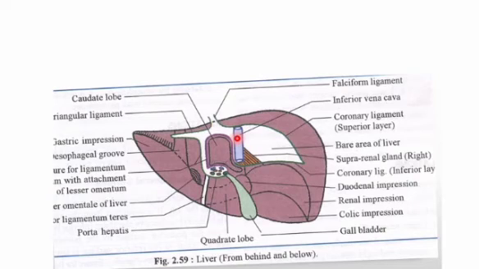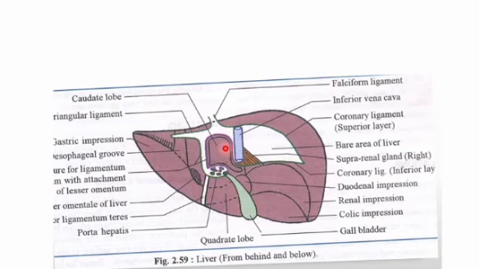Now we are talking about the impressions or relations seen in the posterior surface from the right side to the left side. First we talked about the bare area of the liver. The second one is the groove for the inferior vena cava. You can see here this is the groove for the inferior vena cava. And the third one is the caudate lobe.